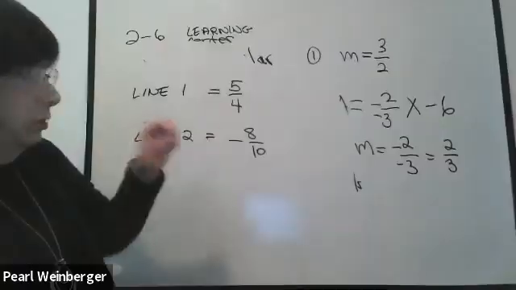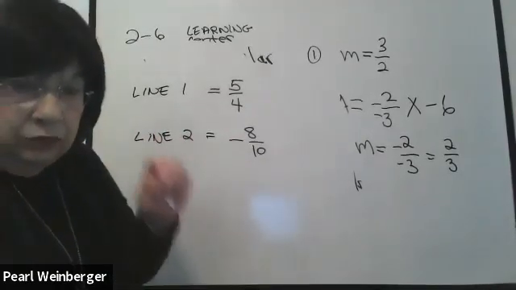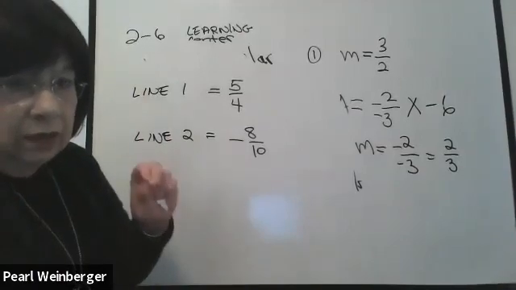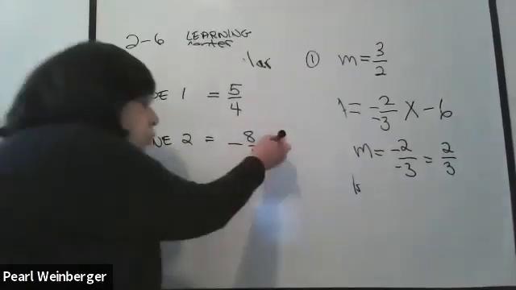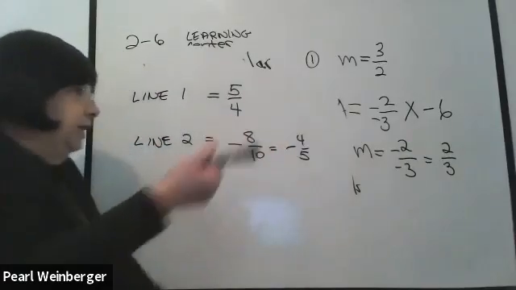So let's reduce it before we flip it. 8/10 is not in simplest form. We really want our slopes to be in simplest form. What would it be in simplest form? -4/5, because I can divide the top and the bottom both by 2.